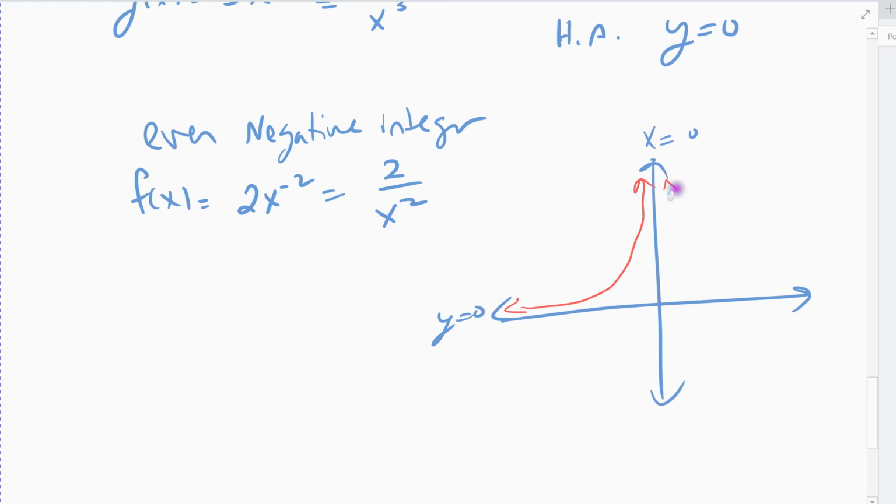There's a break at 0, asymptotic behavior at 0, and it does approach the x-axis, y equals 0. That's always true no matter what case it is.